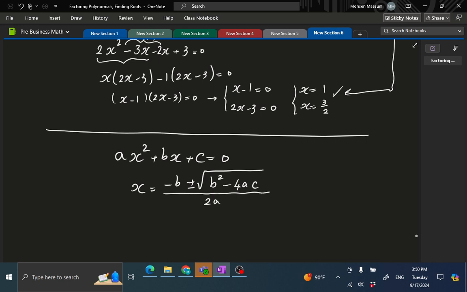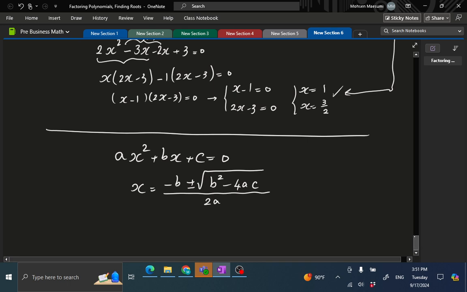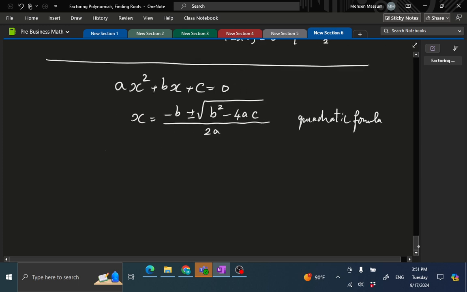So right now we learned how to factor quadratic equations and how to find their roots, and we learned about the quadratic formula. We briefly talked about three possibilities: b squared minus 4ac being positive, we result in two distinct real roots.